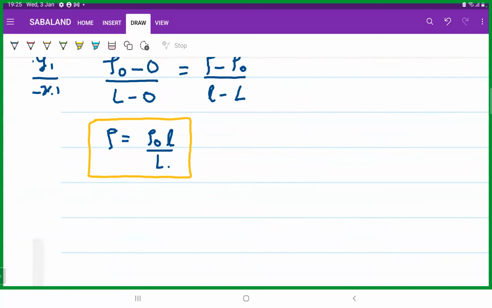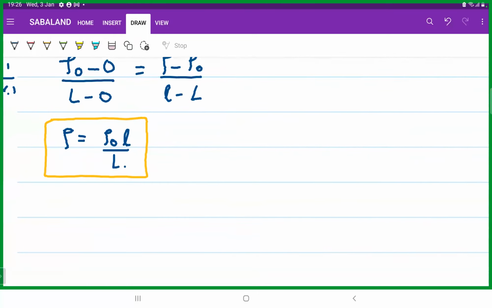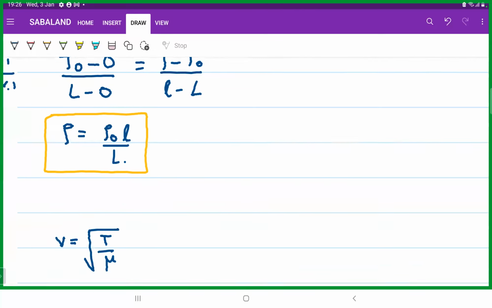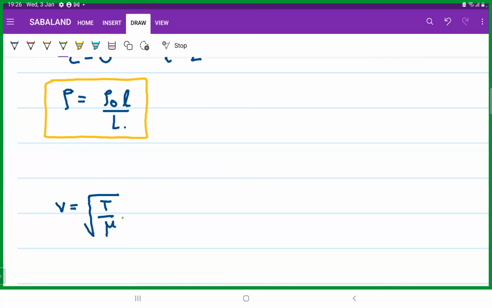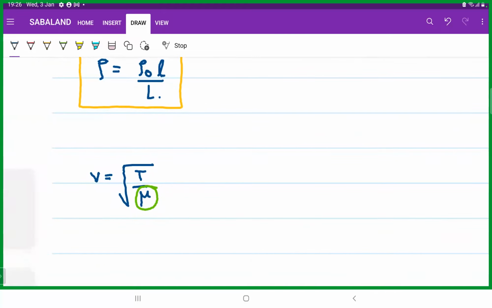So we have been asked to find the time, right? We know the formula for the speed of sound in a string, which is v equal to root T by mu, right? Now in this particular question, this quantity mu is variable. It varies with length, so we will again have to use integration.